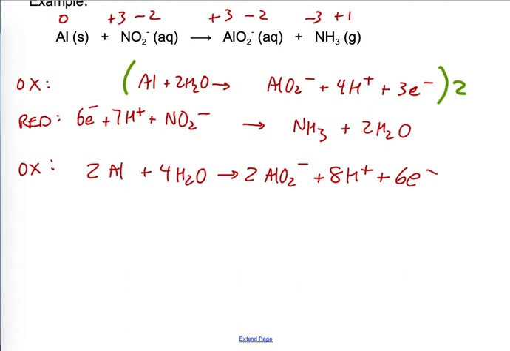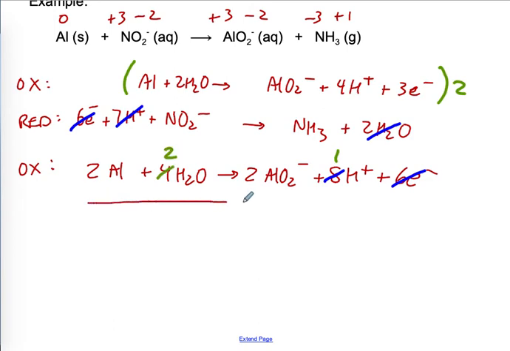Let's see what cancels. 6 electrons cancel 6 electrons. The 7 hydrogen ions on the reactant side go away, leaving me with 1 hydrogen ion on the product side. The 2 water molecules on the product side go away, leaving me with 2 water molecules on the reactant side.